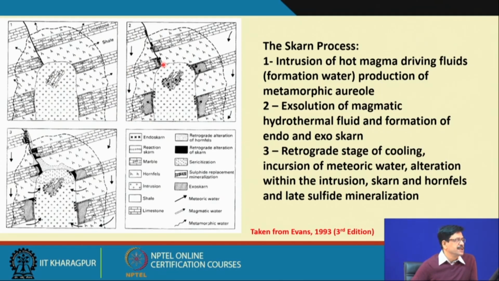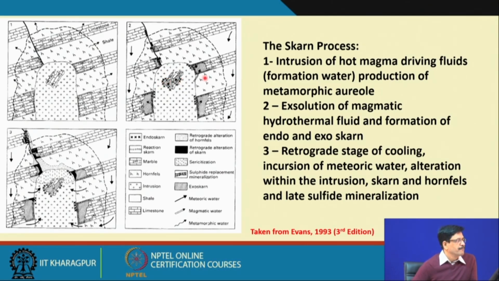Now in the second stage, the magma, when it crystallizes, eventually expels or exsolves a magmatic volatile phase, as exactly happens in the porphyry system.